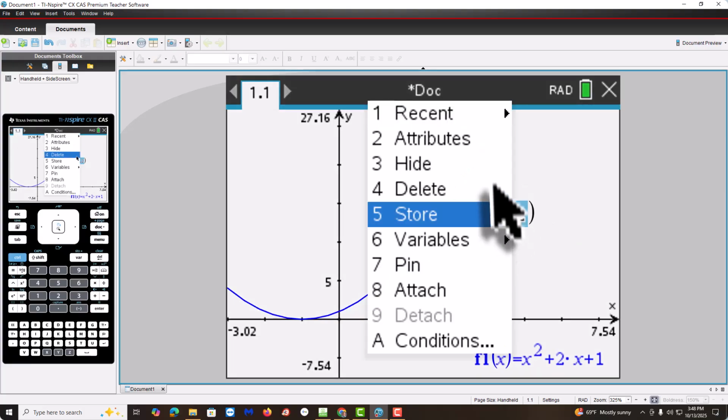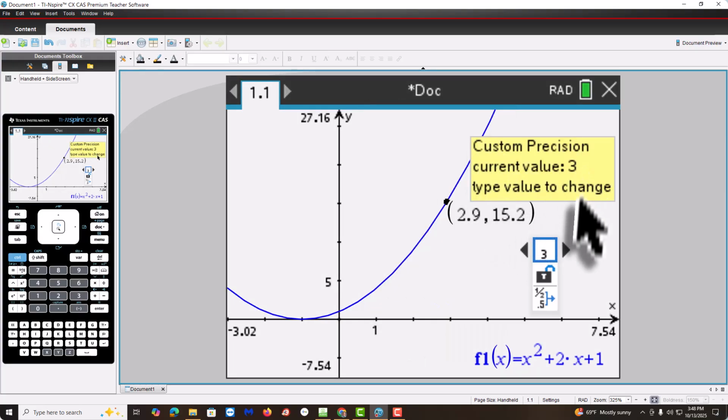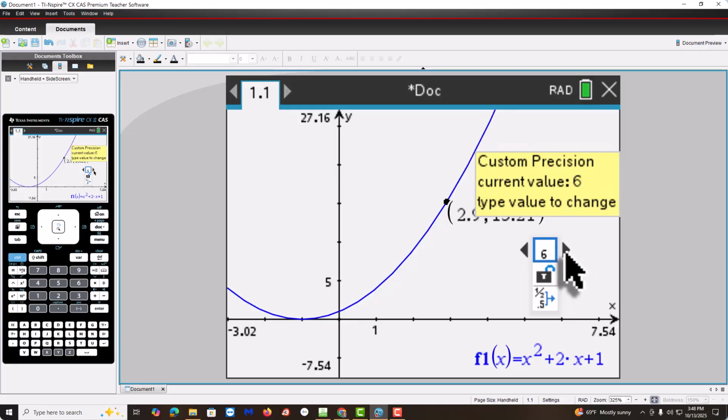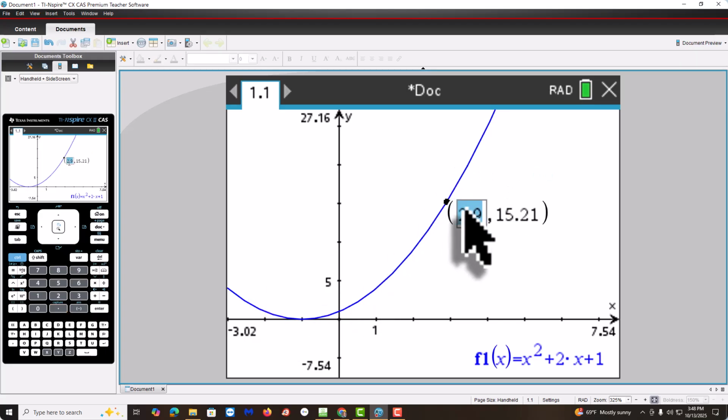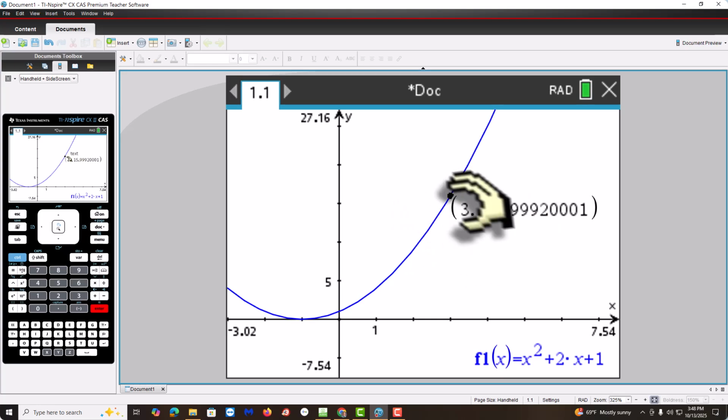And I'm going to go ahead and add some place values. 2.99. 2.9999. And as you can see, as we come to 3 from the left, from below, it's approaching 16.